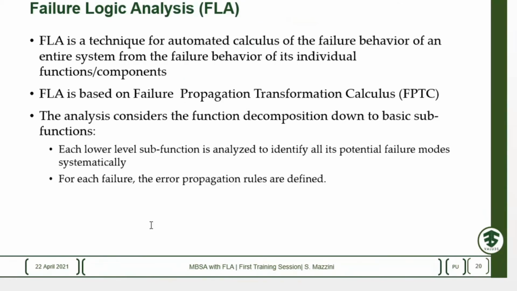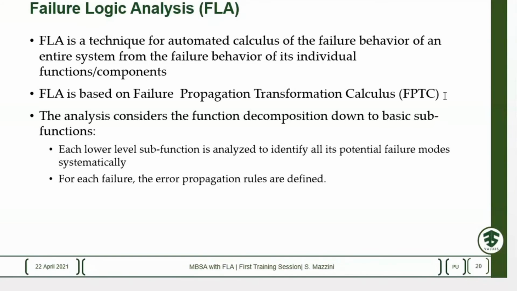Let's go to the failure logic analysis. Failure logic analysis is a technique for the calculus of the failure behavior of the system from the failure behavior of individual functions or components. It is based on a technique called failure propagation transformation calculus, FPTC, that is described in the literature. Sorry, I've not mentioned it in the slide.